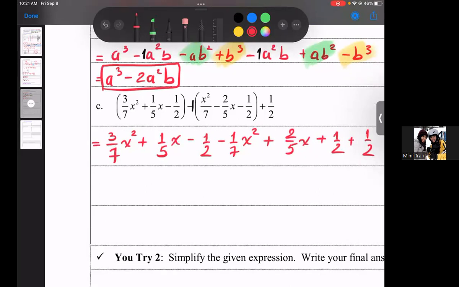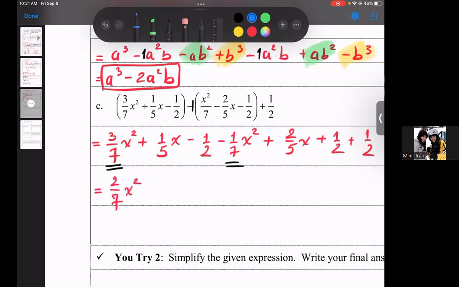Combine like terms. I see this and this. So basically all you care about is the coefficient. 3/7 minus 1/7 is 2/7. That's what we do the prerequisites quiz for. 2/7 x squared.